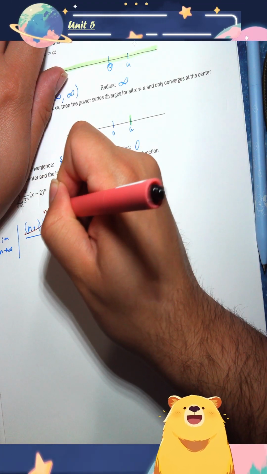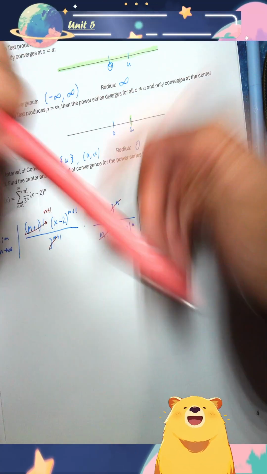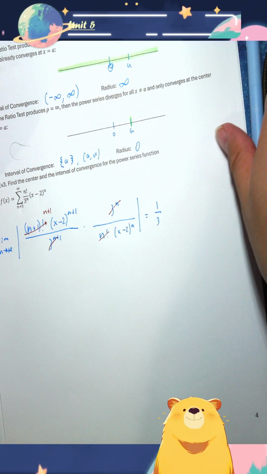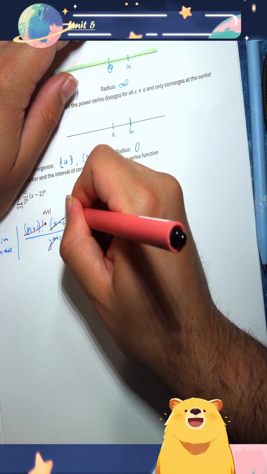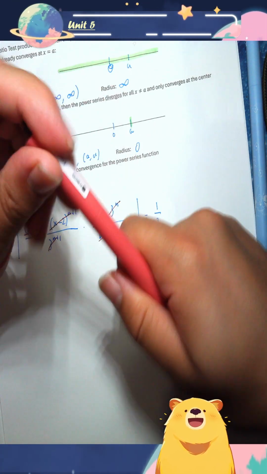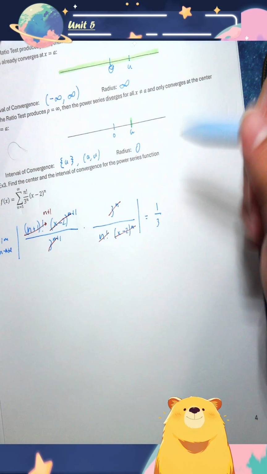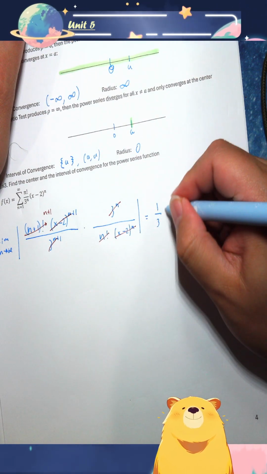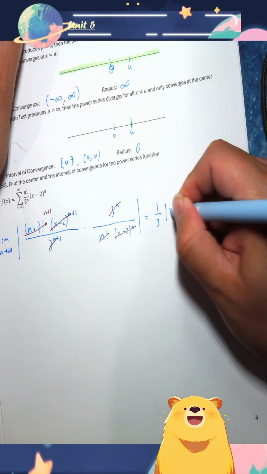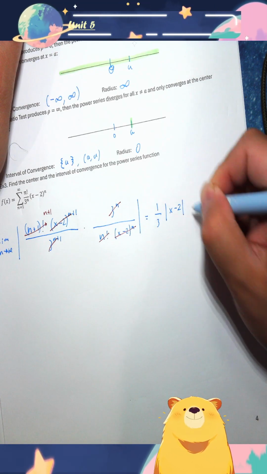This simplifies to just n plus 1, which doesn't escape the limit. And then this cancels out to x minus 2. That can escape the limit, but it does not escape the absolute value.